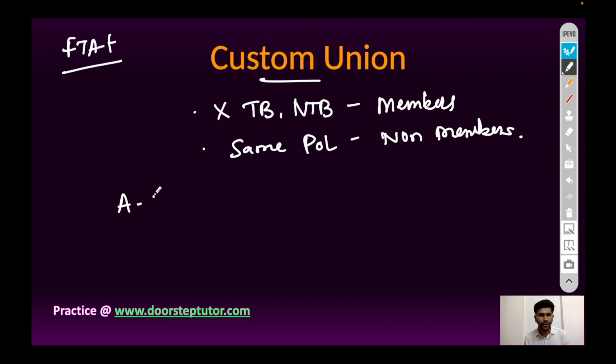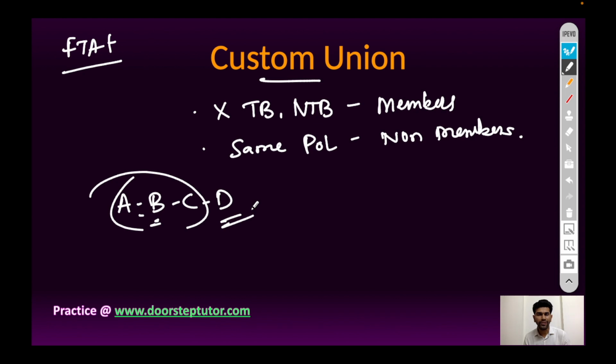For example, if there are different countries, there will be no trading and non-tariff barriers among member countries, but all of them will have a common policy for non-members. For example, the Andean Pact, wherein Bolivia, Colombia, Ecuador, Peru came together and formed a customs union. Among them, there are no tariff and non-tariff barriers, but they have a common policy for non-member countries.